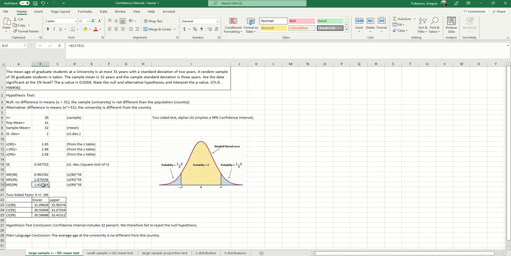And so we're taking our point estimate for the sample, which is 32, and we're adding or subtracting the margin of error. Right? So for the 90% level, we're adding or subtracting 0.9, and for the 95% level, we're adding or subtracting 1.07, and for the 99% level, adding or subtracting 1.4. And so that's how we got those values.